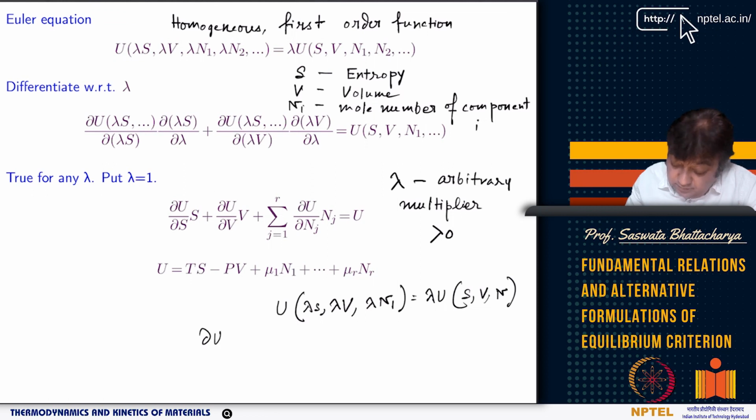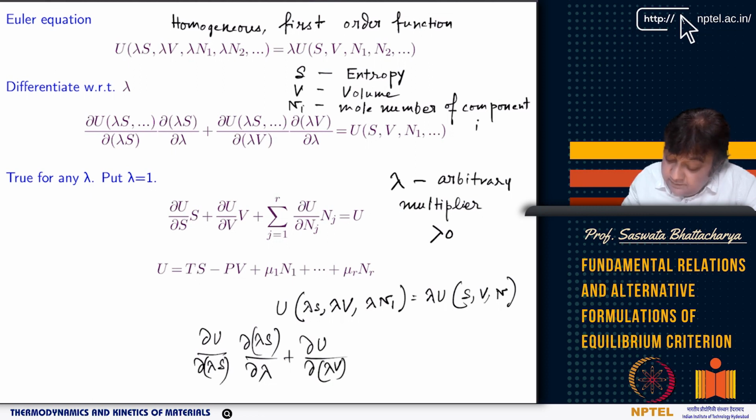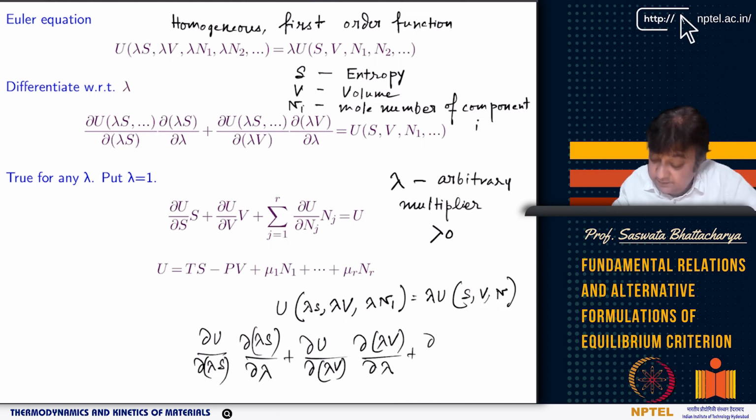So del U by del lambda S, del lambda S by del lambda, plus del U by del lambda V, del lambda V by del lambda, plus del U by del lambda N, del lambda N by del lambda, equals U(S, V, N), right?